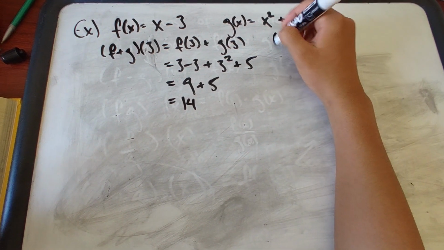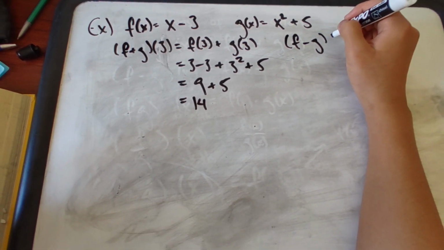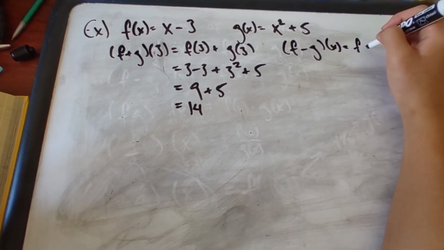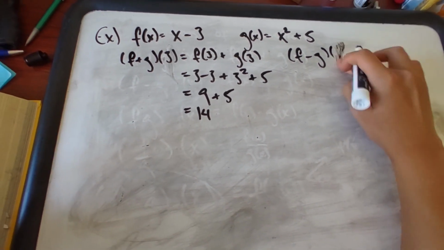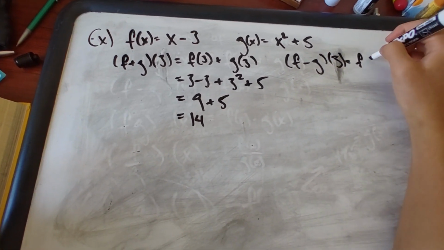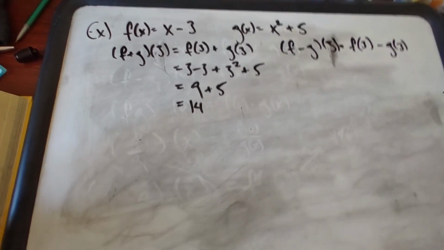So if we use the same functions for f minus g of x, instead of x, let's just use 3 again. So it'll be f of 3 minus g of 3.